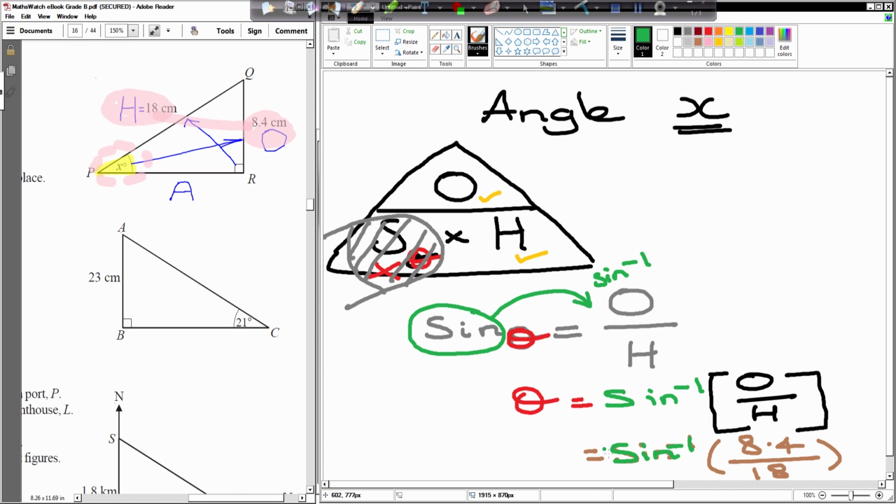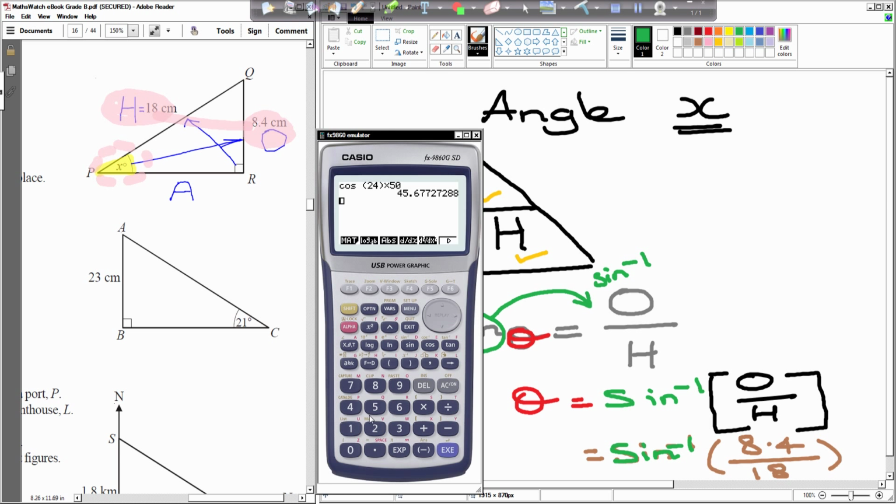Okay, now we need to put this into the calculator. Let's get the calculator out. So we're going to type in shift, sine -1, brackets. I'll use the fraction button, so we put 8.4 on the top. Press replay, bring to the bottom, and we have 18 on the bottom.